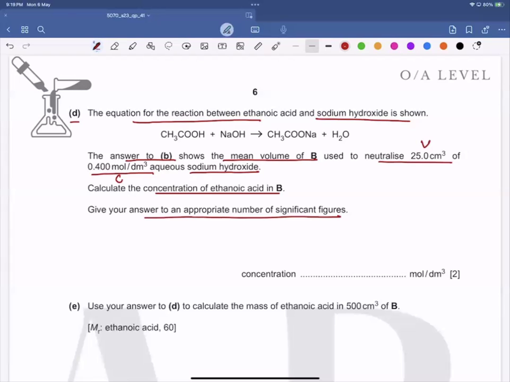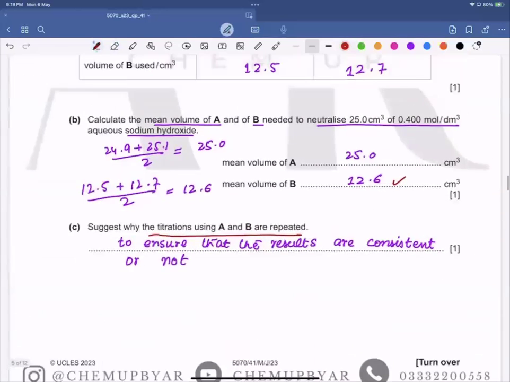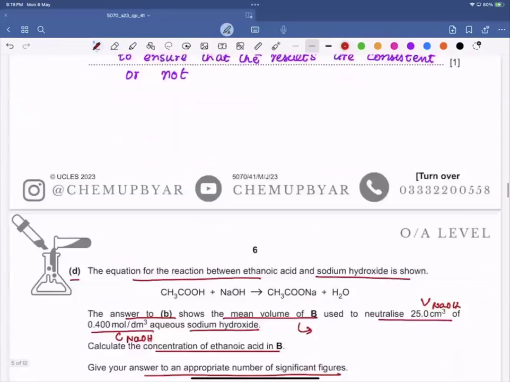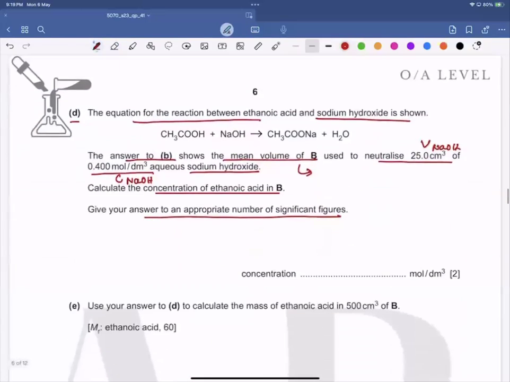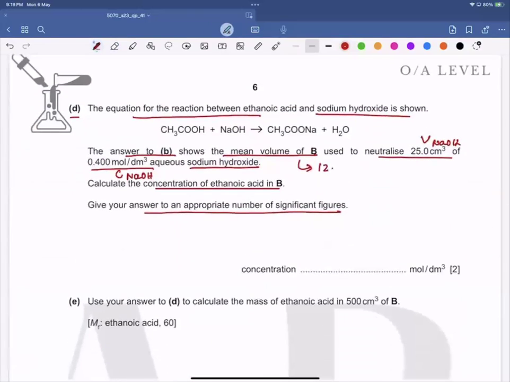Okay, so see, we know the volume of sodium hydroxide. We know the concentration of sodium hydroxide. We know the volume of B that has been used, right? And the volume of B that has been used is the mean volume that we have calculated over here, 12.6. Right? So first what we will do, we will find the moles of sodium hydroxide.